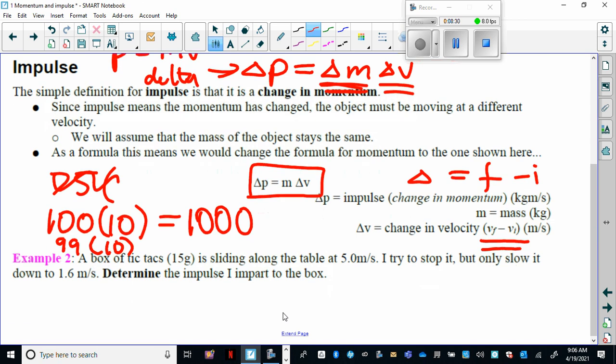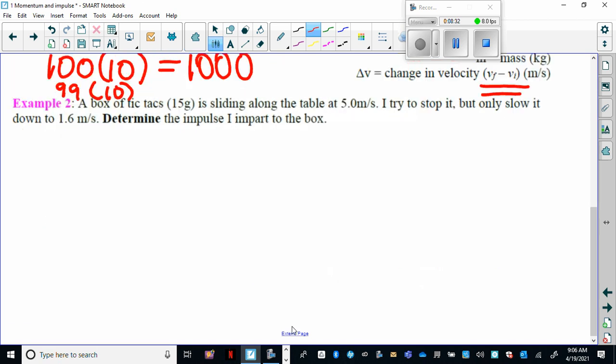Example number 2 says a box of Tic Tacs is sliding along a table at 5 meters per second. I try to stop it, but only slow it to 1.6 because it's so heavy. Determine the impulse I impart to the box. Mass is 0.015 kilograms, right? 15 grams, change it to kilograms.